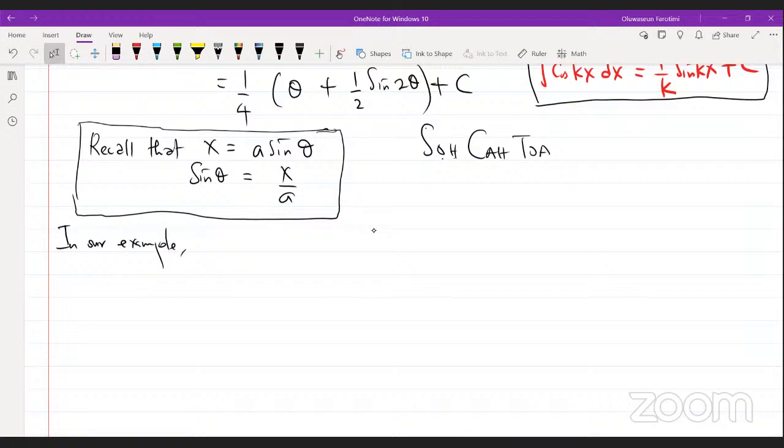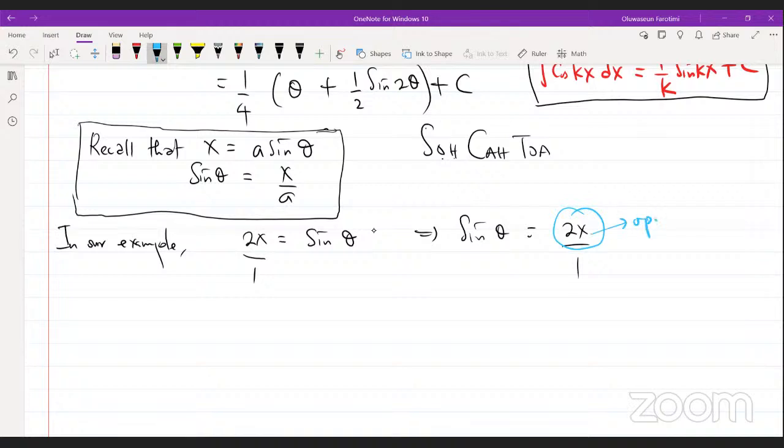In our example, we know 2x is just sine of theta, right? So if you write 2x, it's the same thing as 2x divided by 1, is that right? So that means my sine of theta is just 2x over 1. That means this guy on the top is my opposite, and this guy on the bottom is my hypotenuse.